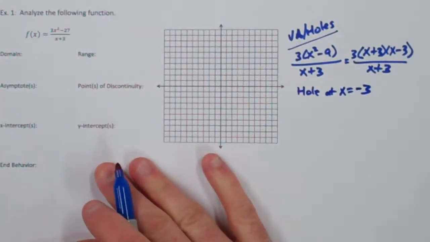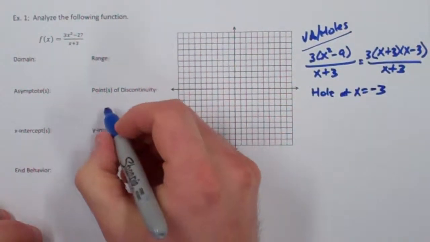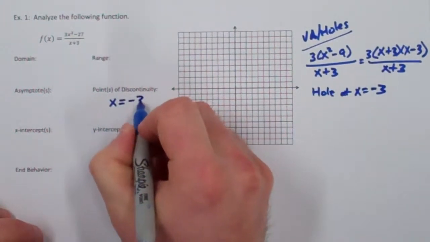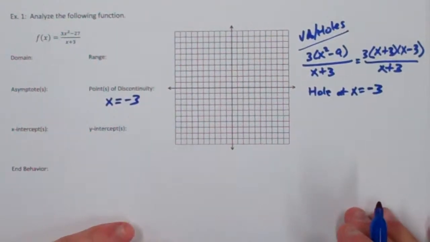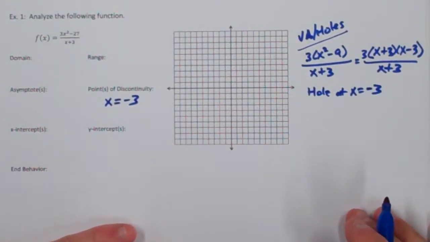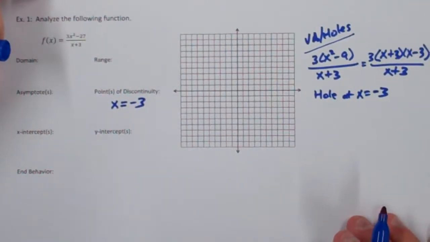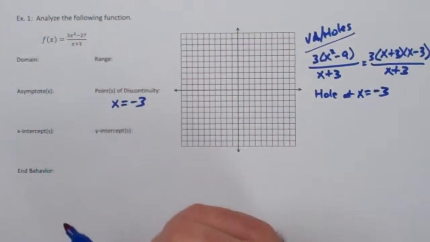And you can even see here that we have a spot on our functional analysis chart for points of discontinuity, so we could put x is equal to negative 3. For this one, there won't be any other values that cause the function to have division by 0 or to be undefined, and so we won't have any vertical asymptote.